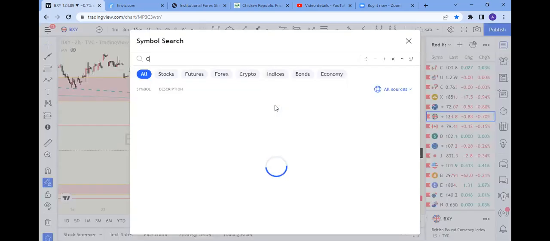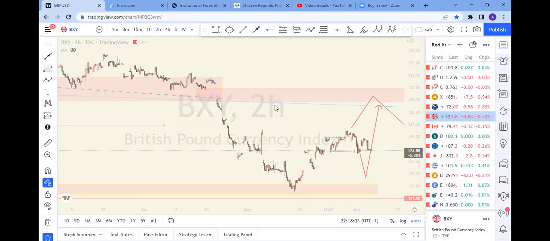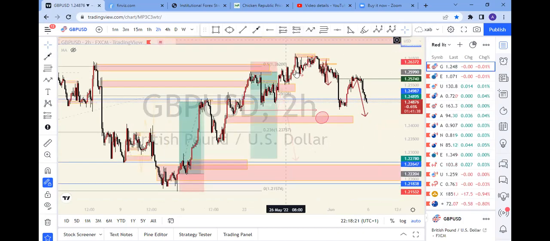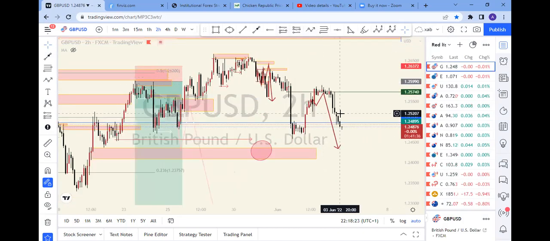All right, so GBP USD. As you can see, I have this area marked, based on this other block, and price stepped into it and gave this rejection.